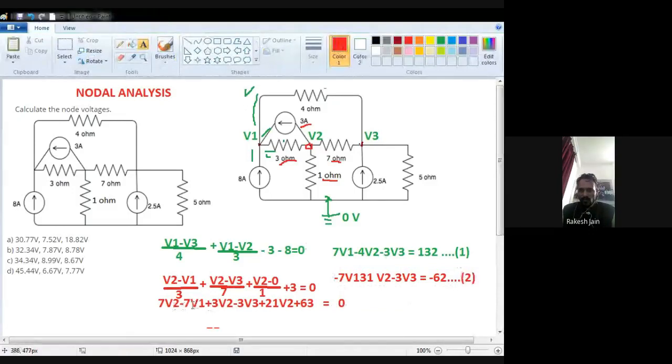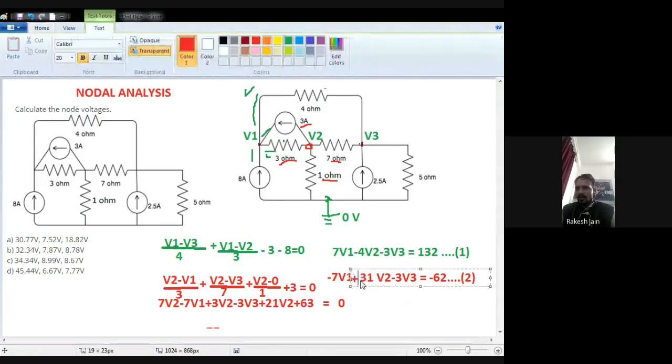Once again we are going to check this one. Minus 7 V1, then how many V2? 7, 3 and 21, so it is 31 V2. I forgot to write down the plus sign here, so I write a plus in between.